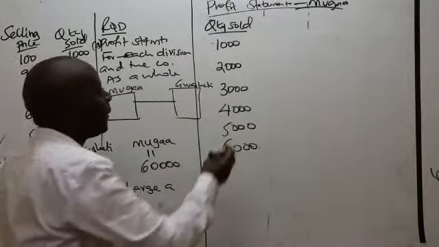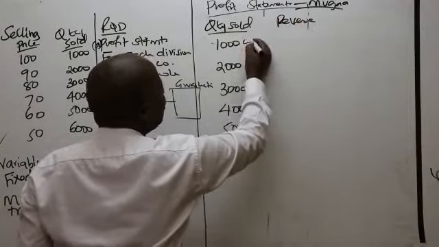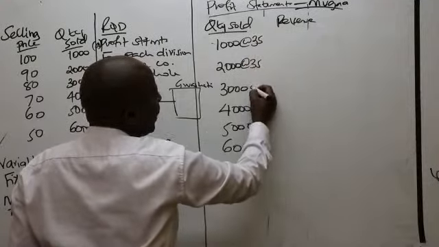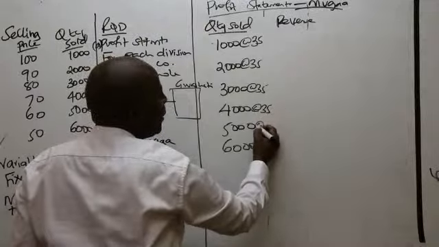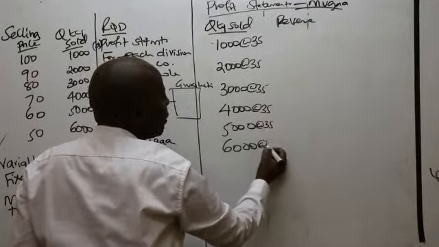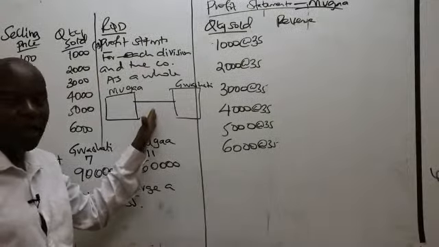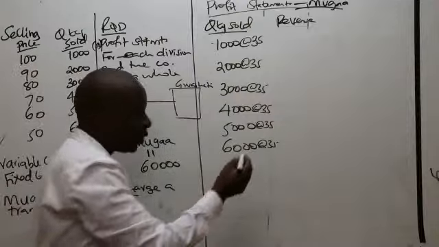So to get revenue, I need to convert these quantities at 35, regardless of the quantity produced. The transfer price always remains constant. So could you kindly give us these revenues?